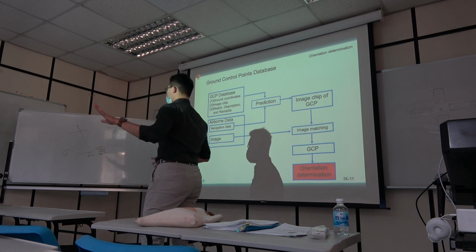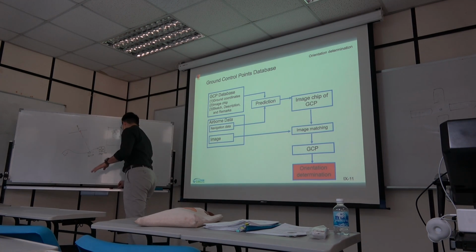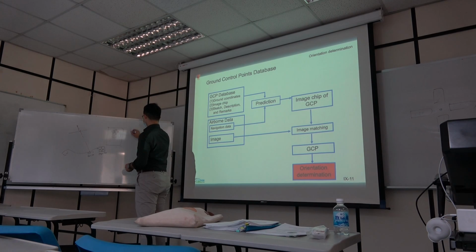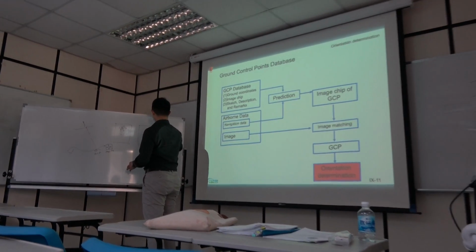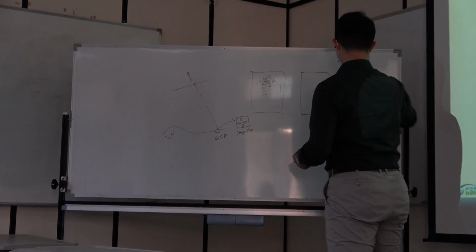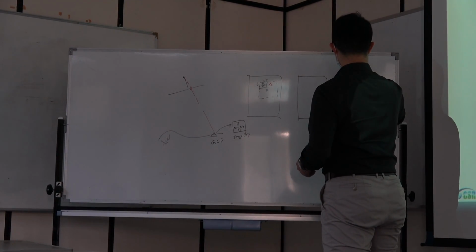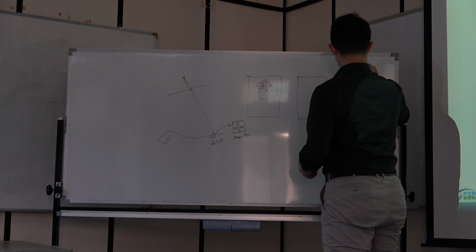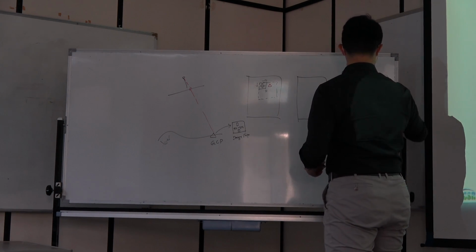So the current procedure is more like this: you have one image, and you have the other like also image, and you have the DEM as well.